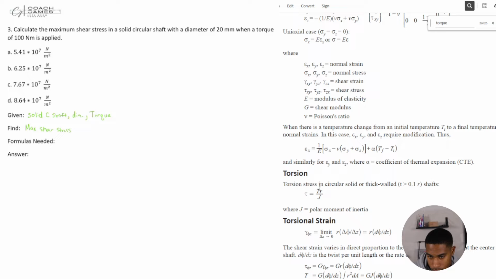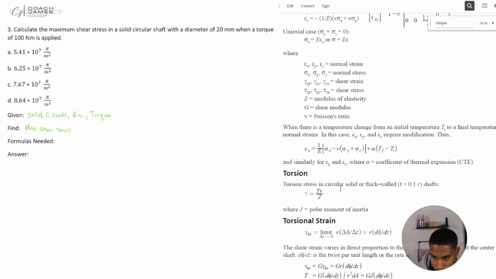Okay. Torsion stress. Max stress. In a circular solid shaft, stress is equal to T times R over J. So are we given a radius?